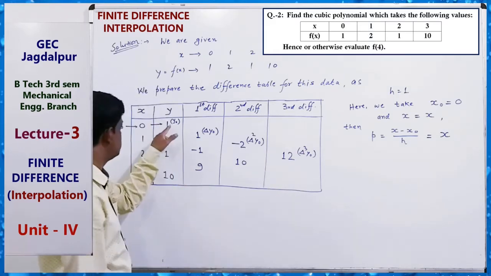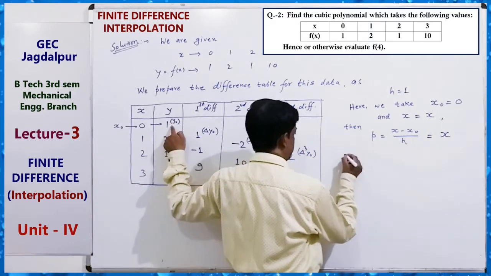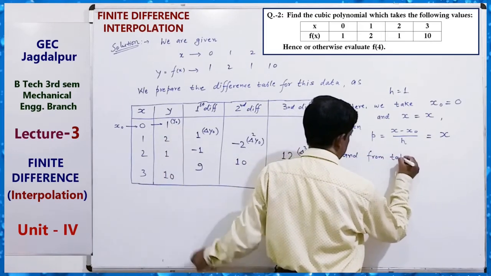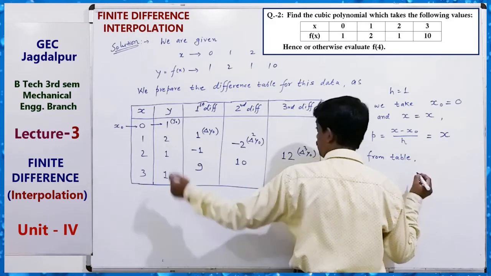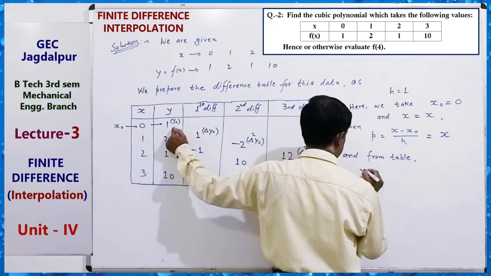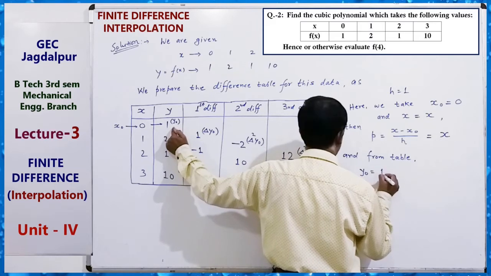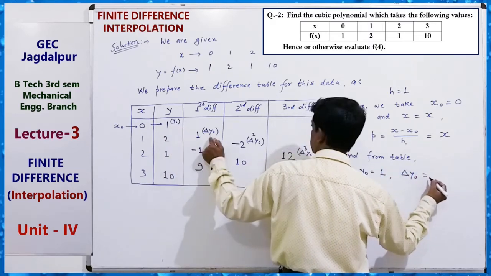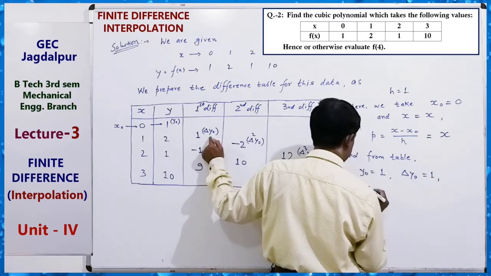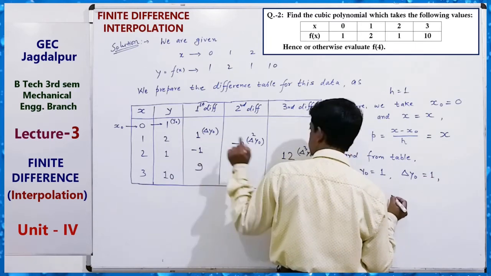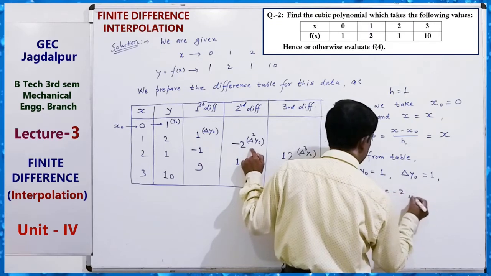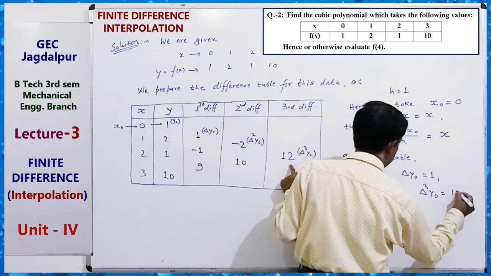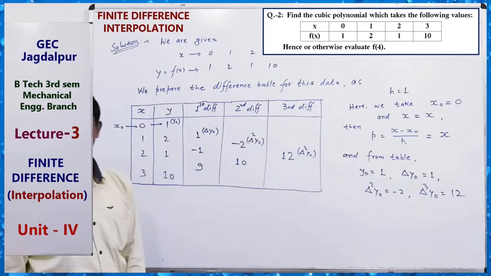And the differences: y0 equals 1, and from the table, the first difference at y0 is 1, the second difference of y0 is minus 2, and the third difference of y0 is 12.